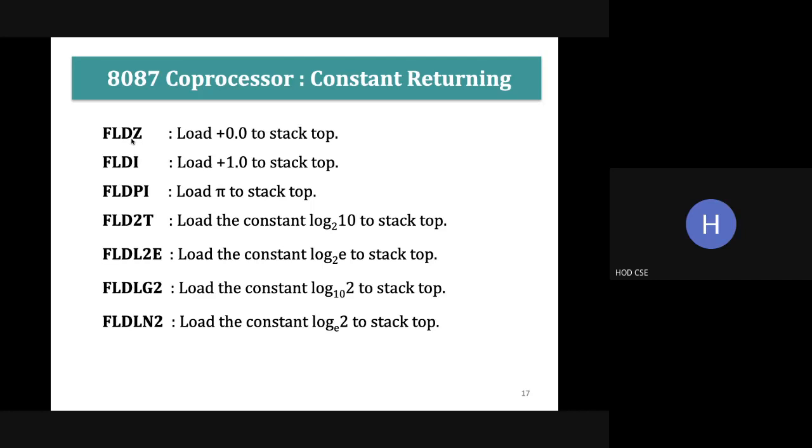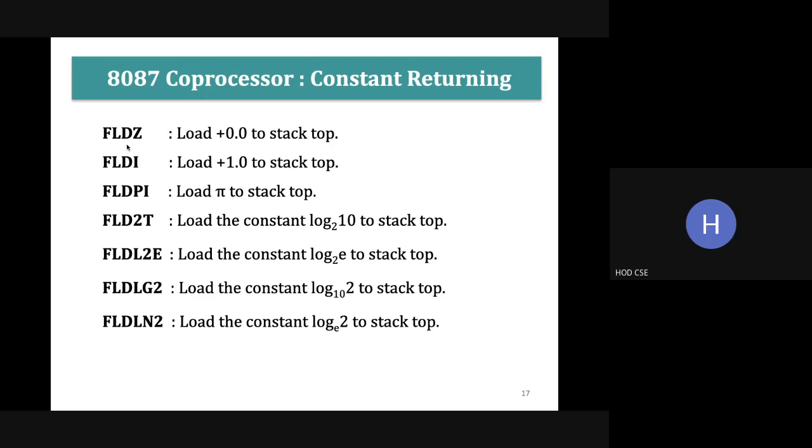What is the instruction I can use? In 8086, how do we load this? Just data transfer: MOV AL, 00. Do you remember this? MOV AL, 00.